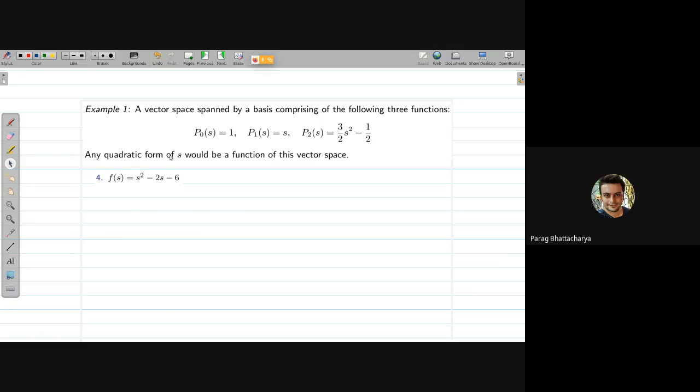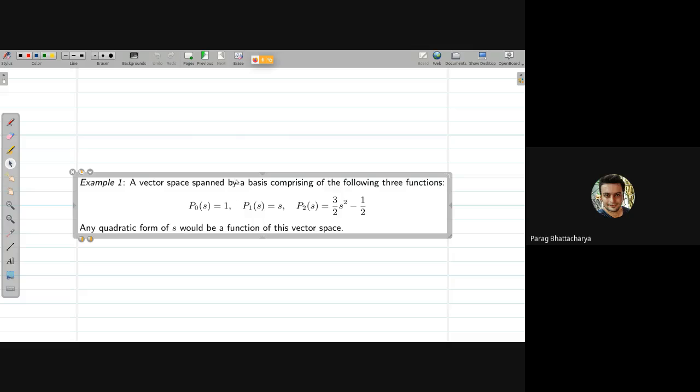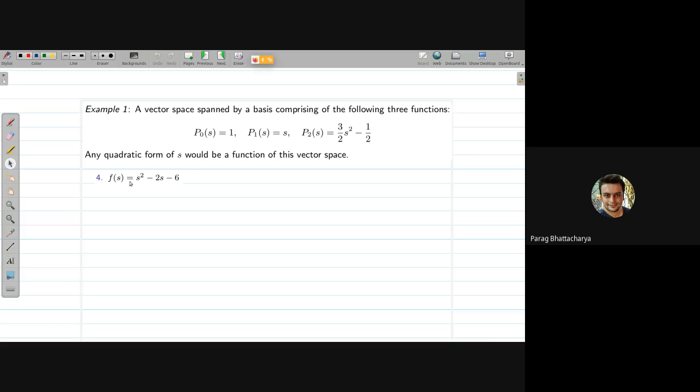Let's do this problem. So this is our basis, and we need to write down this function f of s in terms of p0, p1, and p2.